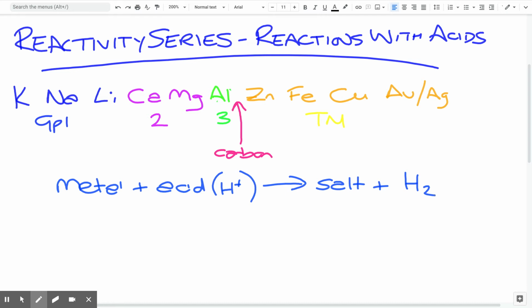In the same way we could insert carbon into the reactivity series, we can also now insert hydrogen by testing whether or not a metal will react with the acid, therefore allowing us to figure out whether the metal was more or less reactive than hydrogen.